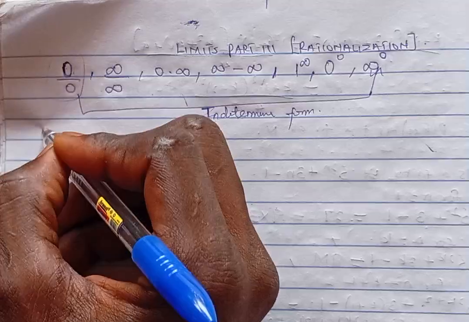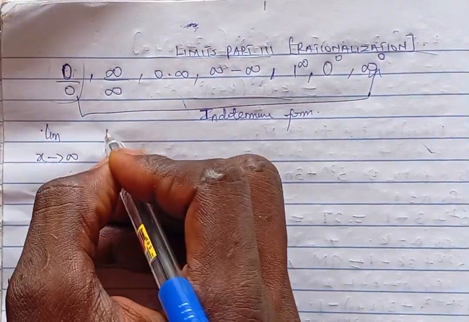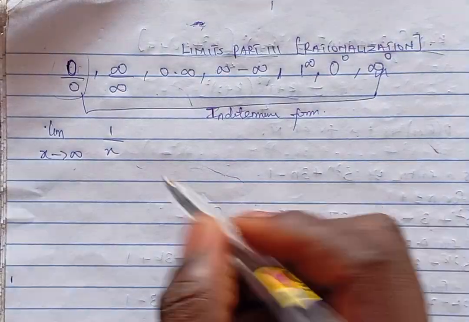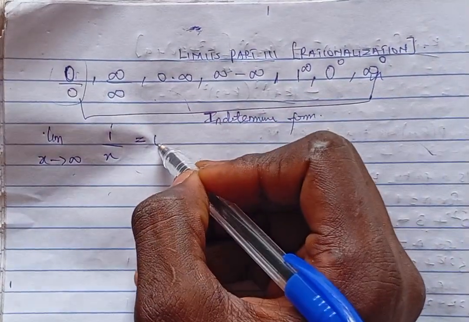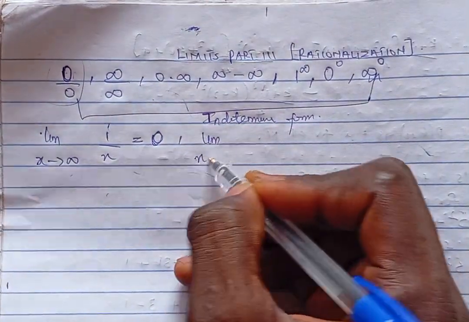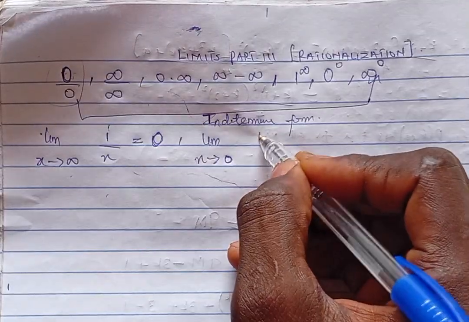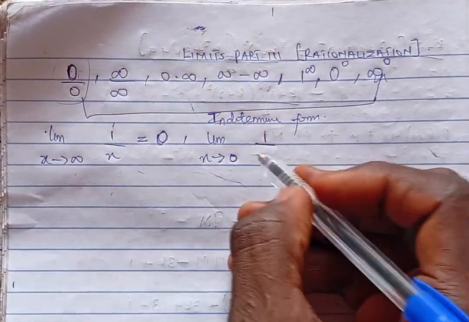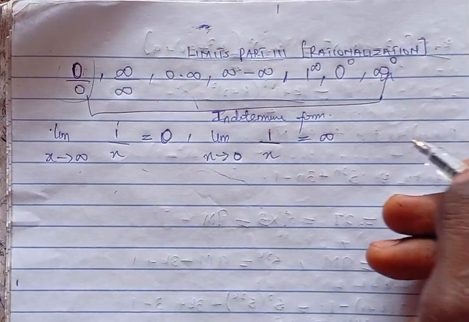Now another one that I want to talk about: the limit as x tends to infinity of 1 over x always gives us 0. And the limit as x tends to 0 of 1 over x will give us infinity.